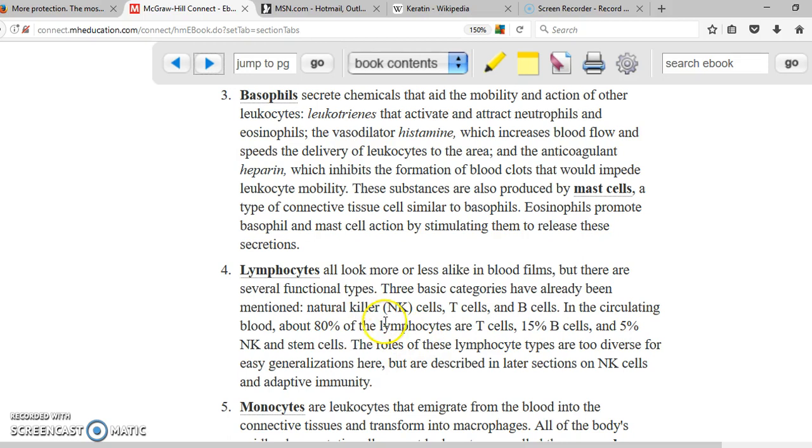So the reason why we have the natural killers in this area, which is non-specific, is because they are going to be working in this area. Natural killers are in charge of destroying cells that might be infected with viruses, cancer cells, transplant cells, okay, as well as other microorganisms.